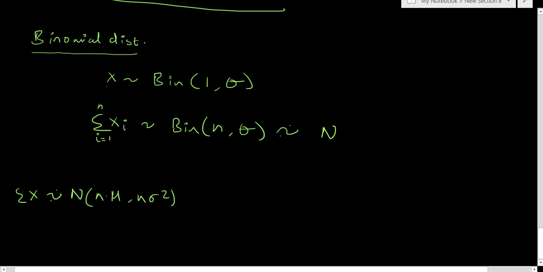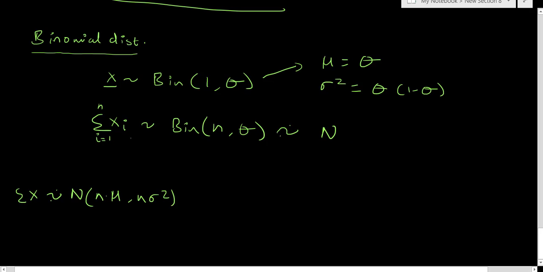The value of mu for each x is nothing but n theta, as n is 1, it would just be theta. If I want the value of sigma squared, that would be nothing but n into p into q. As I have a 1 for n, that would be theta into 1 minus theta. So this is the value of sigma squared.